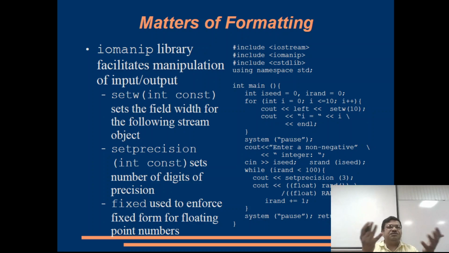So if you want to retain 3 digits of precision, then you would specify setprecision 3, and the result would be indicated as 3.14 if you print pi. If you say setprecision 4, the result would be printed as 3.14.